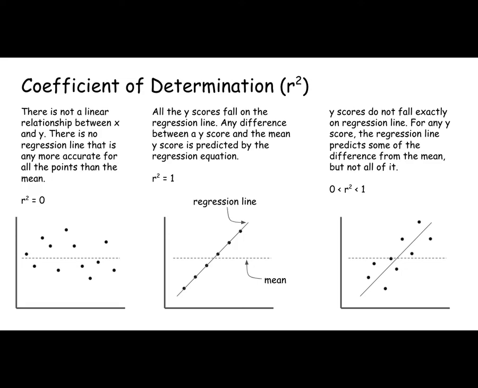Makes sense. Here you can see some different examples of what r squareds might mean. So if all your scores fall perfectly on a line, then your r squared is 1. If you've got a linear relationship, but it's not a perfect line, your r squared will be between 0 and 1.